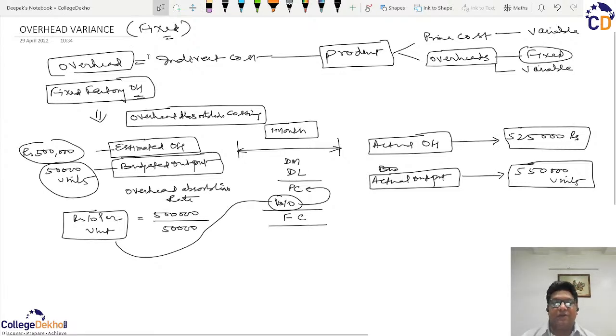So there is a stark difference between the budgeted overheads and the actual overheads, and the output which was budgeted, which was planned, and the actual output.